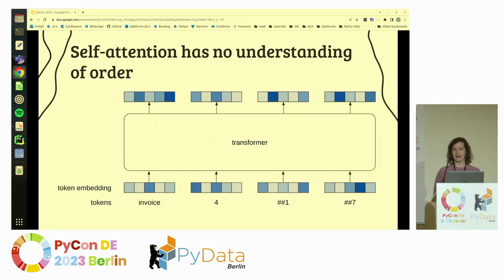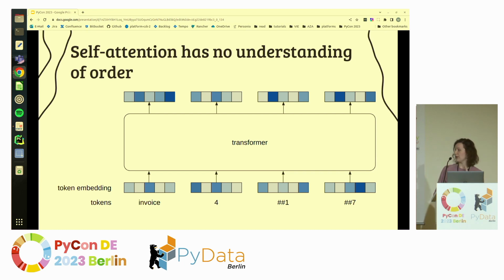The mechanism to figure out the relationships between the different input tokens in a transformer is self-attention. And self-attention itself has no understanding of order. To make this more tangible, if we have this text and this sequence of input tokens, we could swap the order of tokens, and we would still get the same outputs.